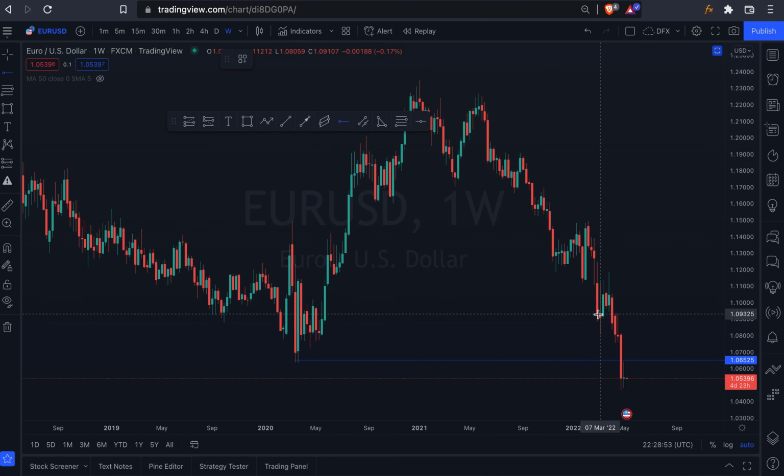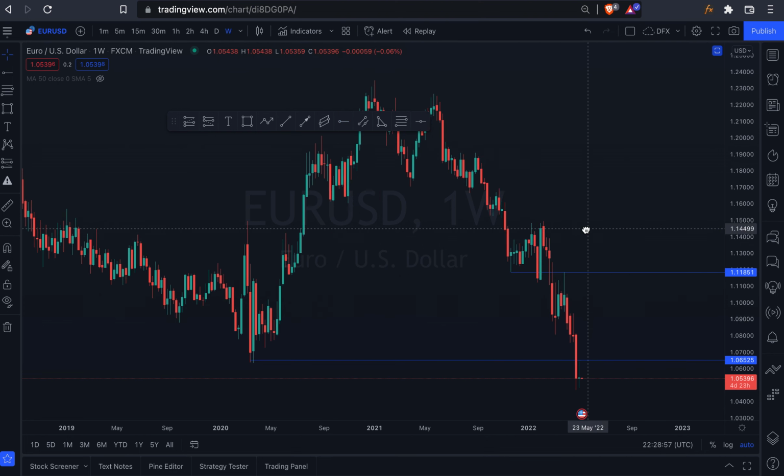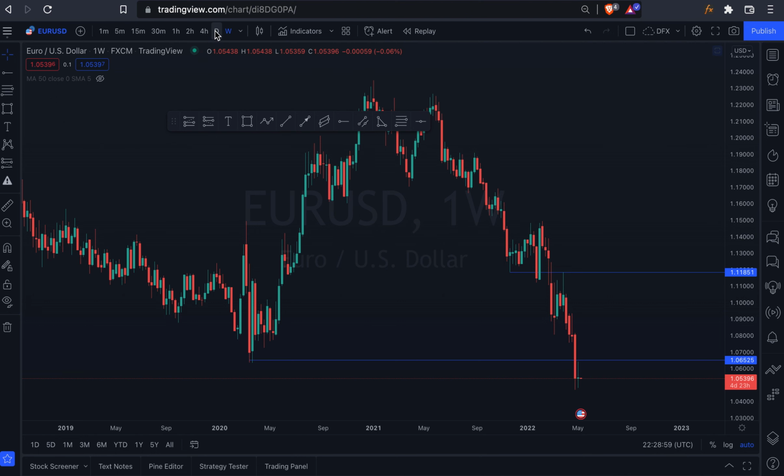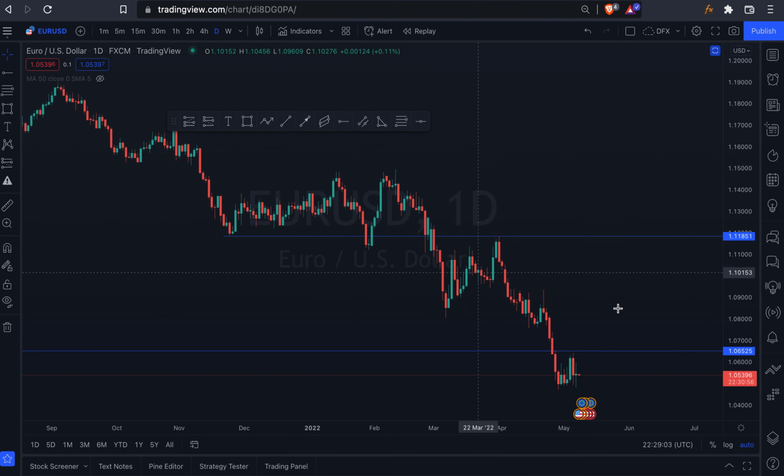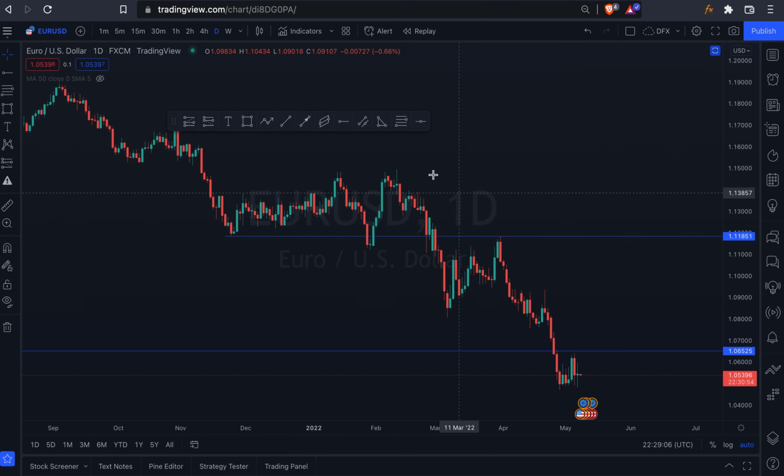Okay, so let's go to a day. Okay, so this is a day. We can see price was creating lower lows and lower highs. So this was a low, this was a high, this is a low.